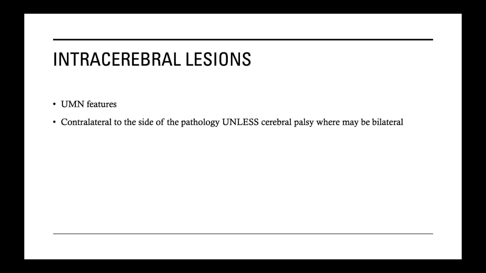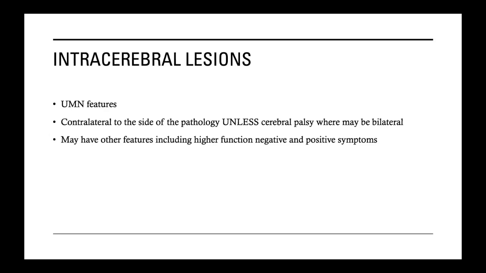They'll be contralateral to the side of the pathology, and less so with cerebral palsy, where whilst they're still developing, you might have bilateral features. And they may have other features accompanying these lesions, which is quite common, such as higher function, negative and positive symptoms. So they might have language disorders or visual disorders that accompany this.